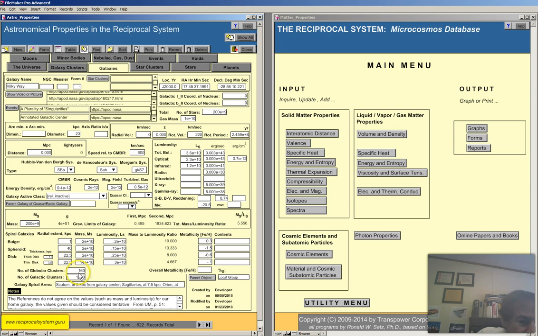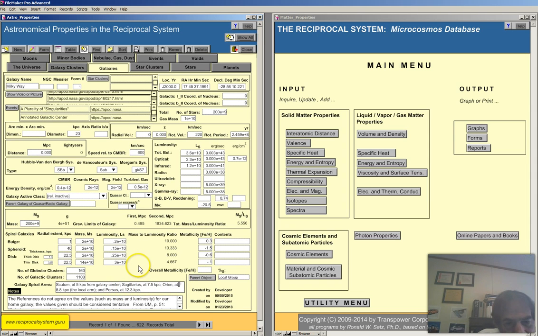We have approximately 160 globular clusters and approximately 1,100 galactic clusters. Galaxy spiral arms, Scutum at 5 kiloparsecs from galaxy center, Sagittarius, and so on. So like 3 arms here. And here's the mass to luminosity ratio for the different parts of the galaxy.